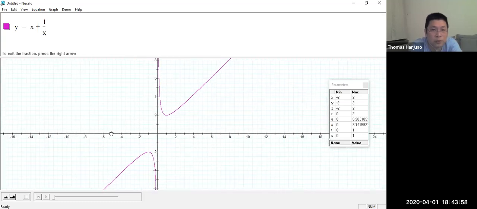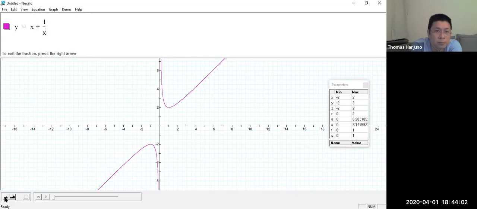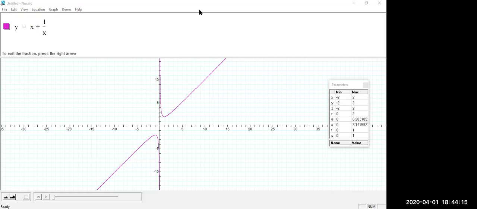This is the graph of the function. Can you see the graph? Yes, we see the graph.